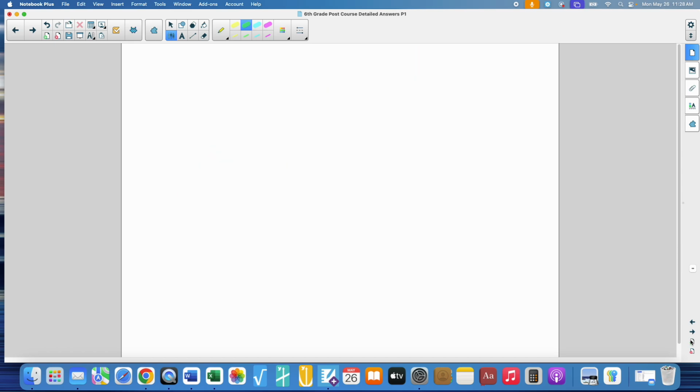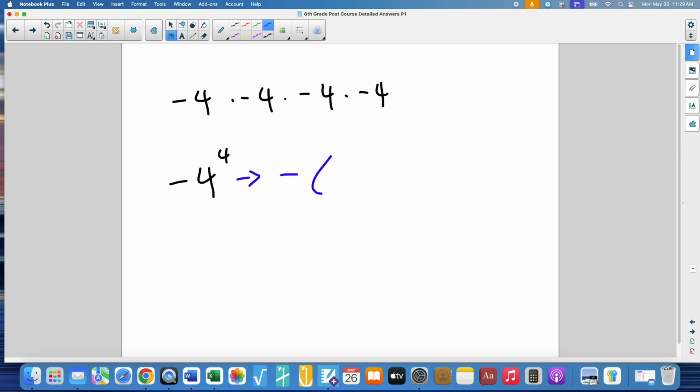The other place that students make mistakes is when we have -4 times -4 times -4 times -4. We can't write -4 to the 4th. That's incorrect, because this really means the opposite of 4 to the 4th.